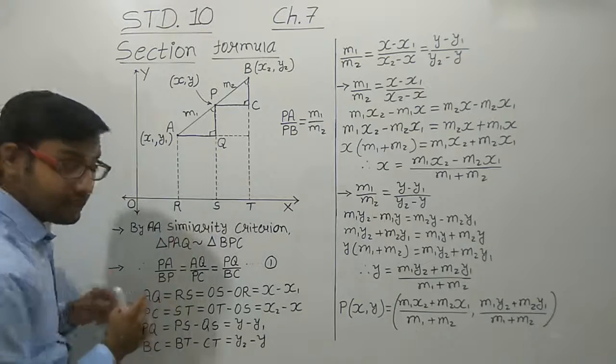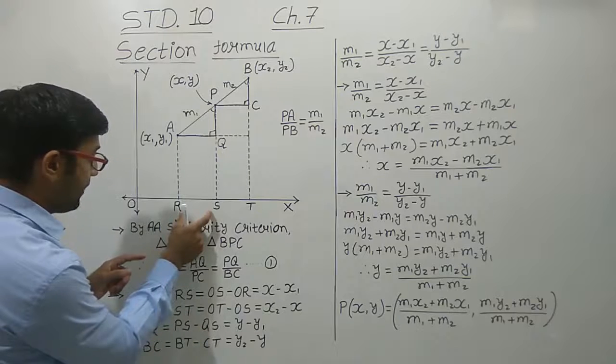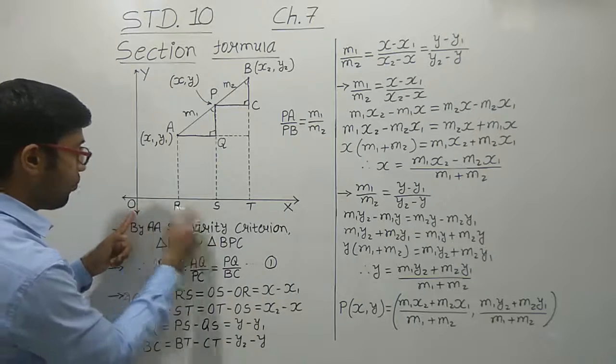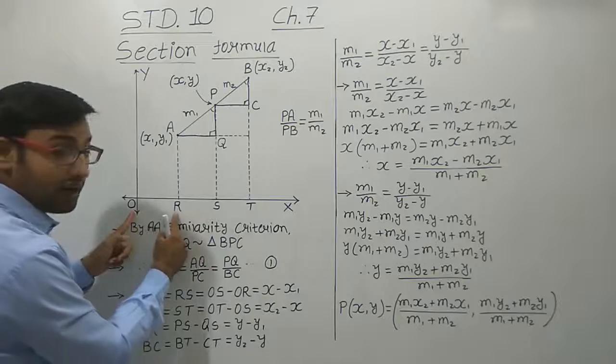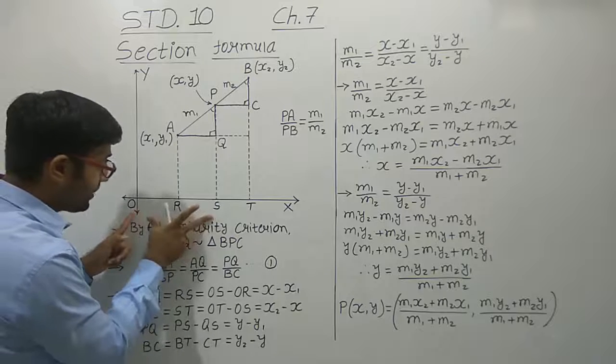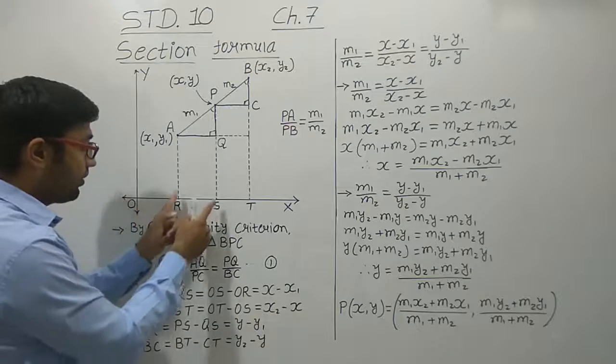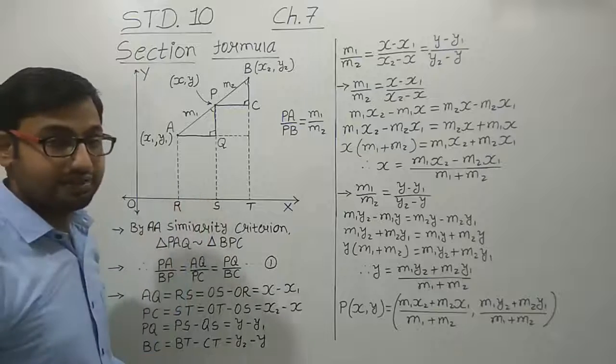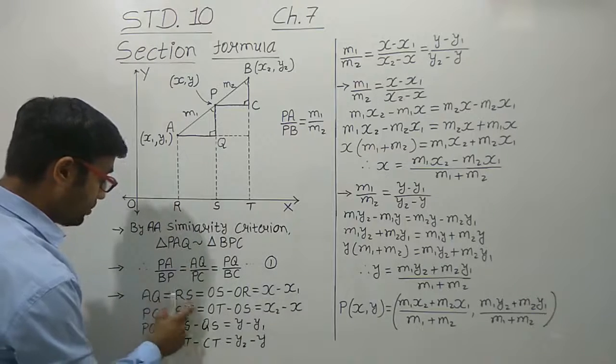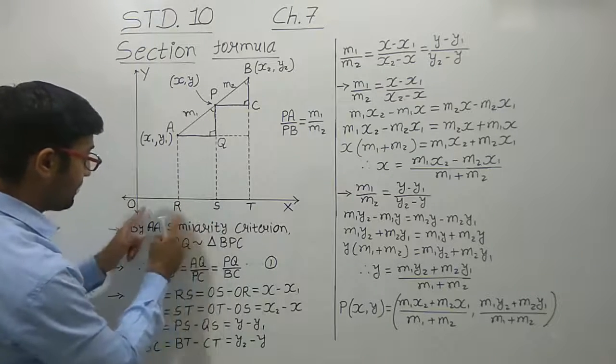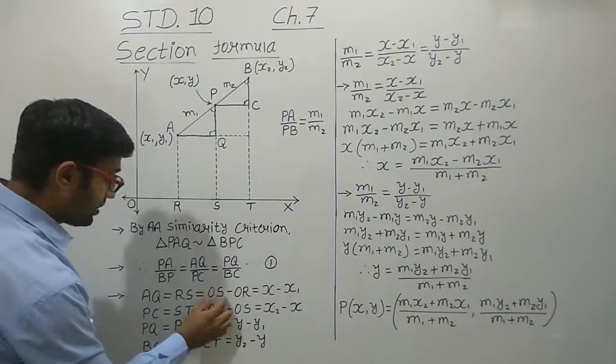See, AQ and RS are equal. So how can we find out RS? RS means OS minus OR. From OS, if we subtract OR, then what will remain? RS. So we can write down AQ is equal to RS is equal to OS minus OR. And OS is what?